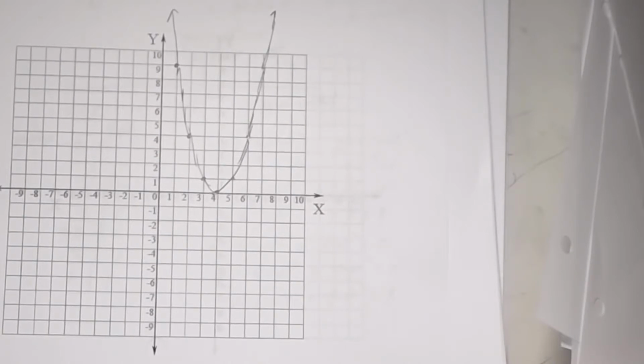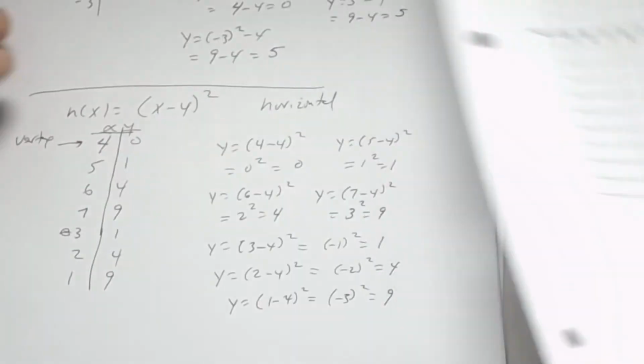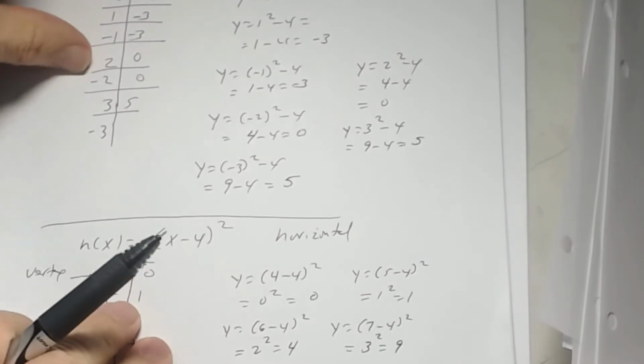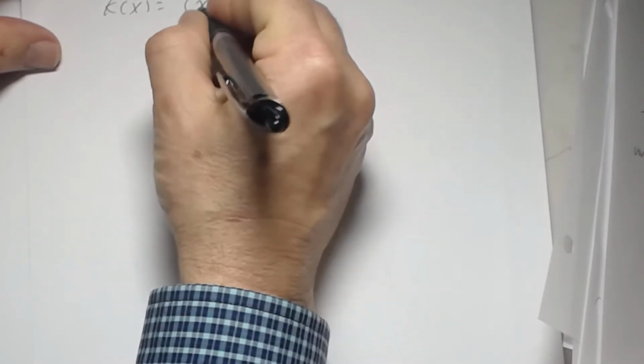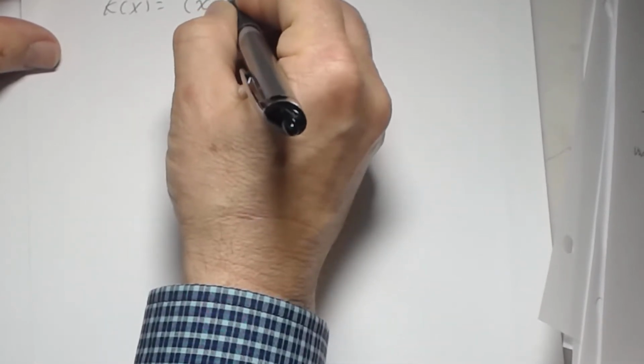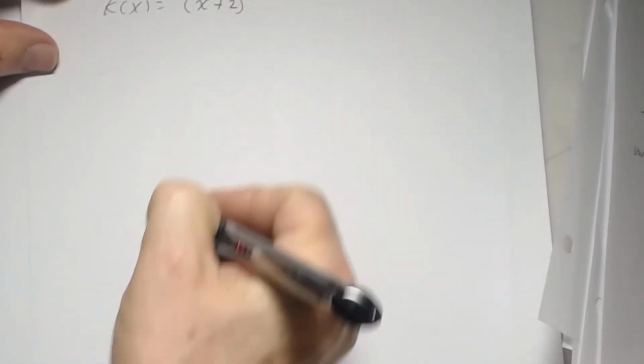So let's suppose, I'm trying to make sure I don't use one that I'm giving you. Suppose we had, all right, let's do this one. Let's suppose I had k of x equal (x plus 2) squared.